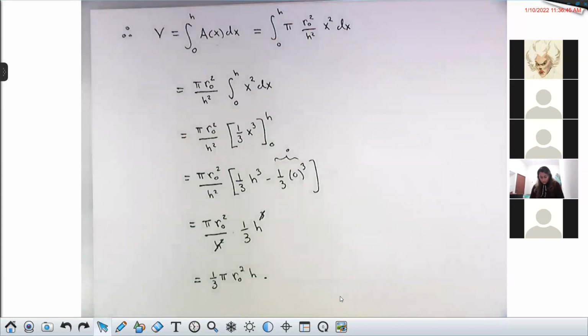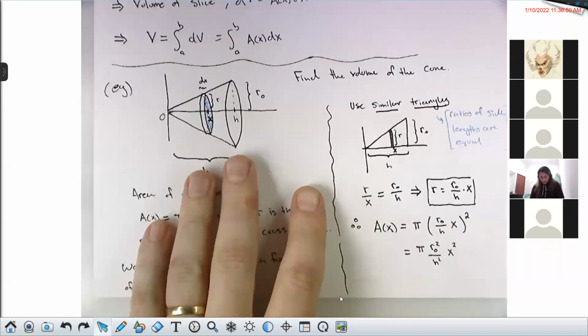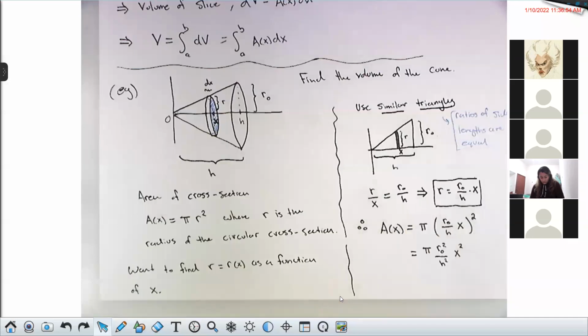Okay. Any questions about the similar triangle work on the right here?